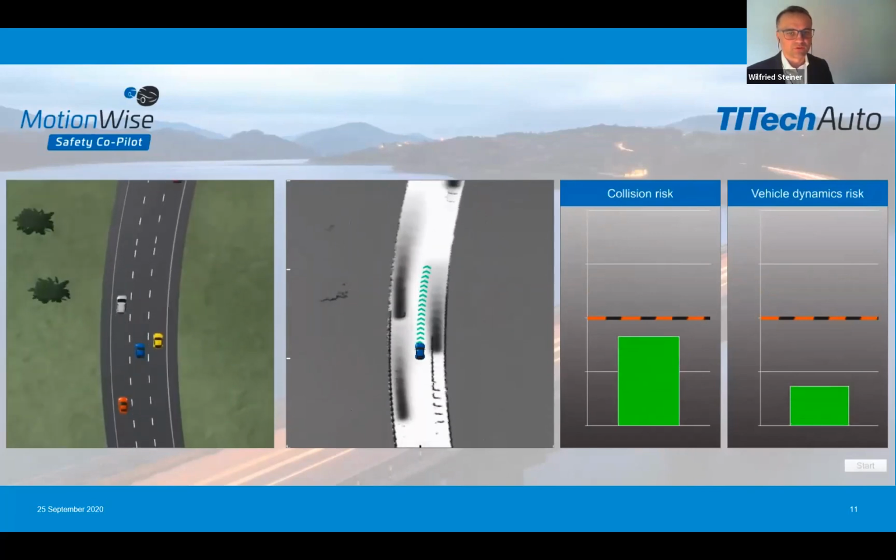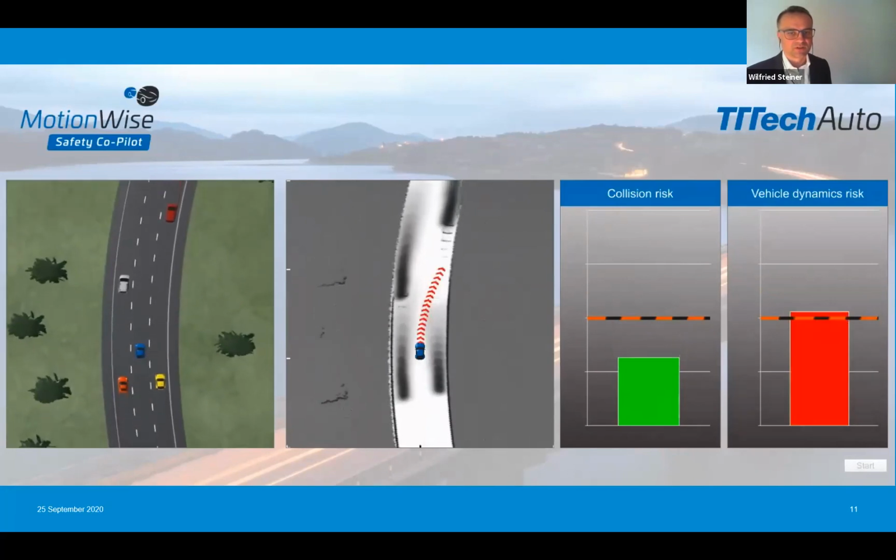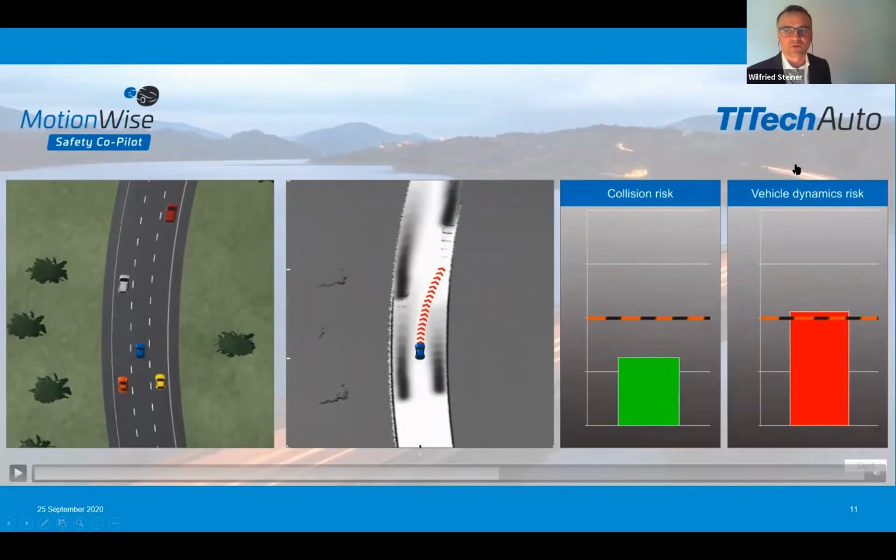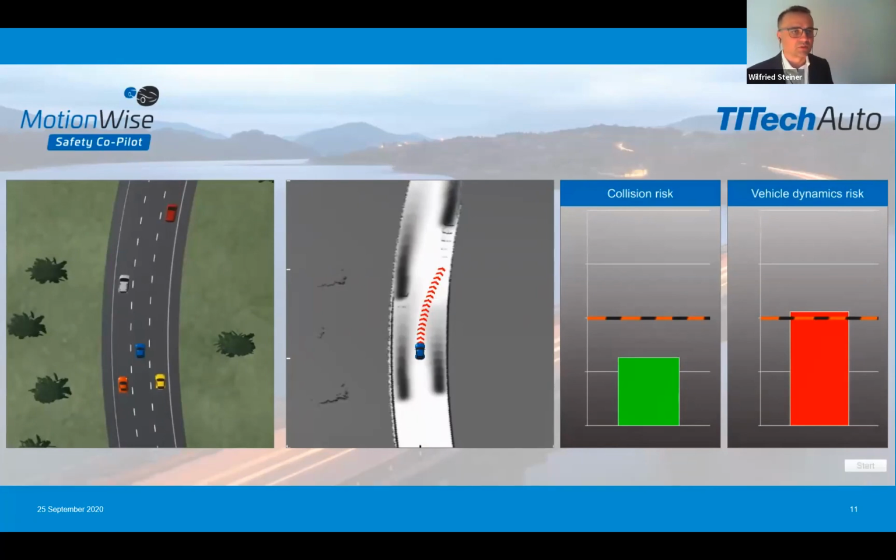So now it goes into a curve, and you see that the trajectory aims the car to oversteer, and this would cause potentially that the car becomes unstable. So the monitor classifies the trajectory proposed by the commander as faulty. And again, the system is switched over to a backup system.